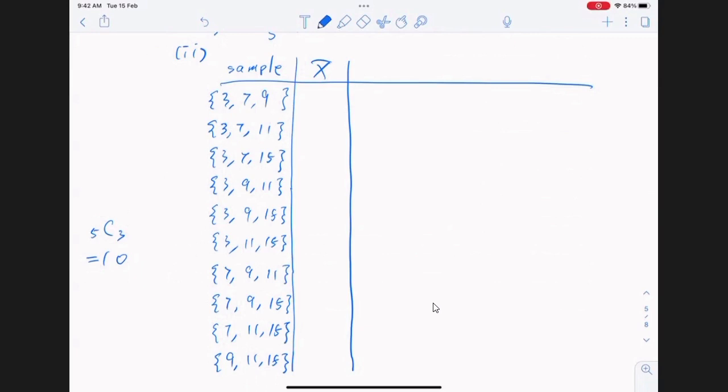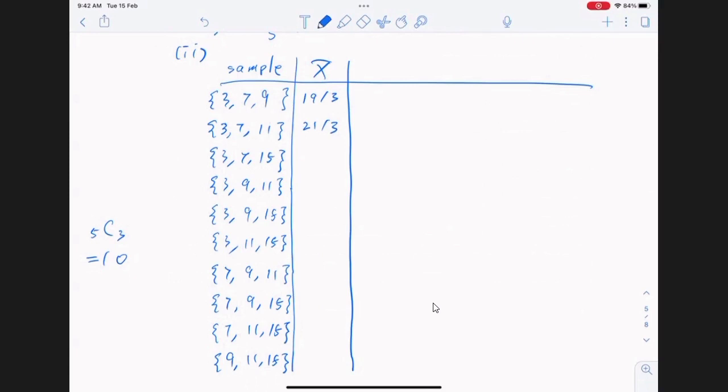Imagine that if you got the numbers 3, 7, and 9, then the sample mean will be the sum of these 3 numbers divided by 3. And if the sample you obtain is 3, 7, and 11, then the sample mean would be 21 divided by 3.